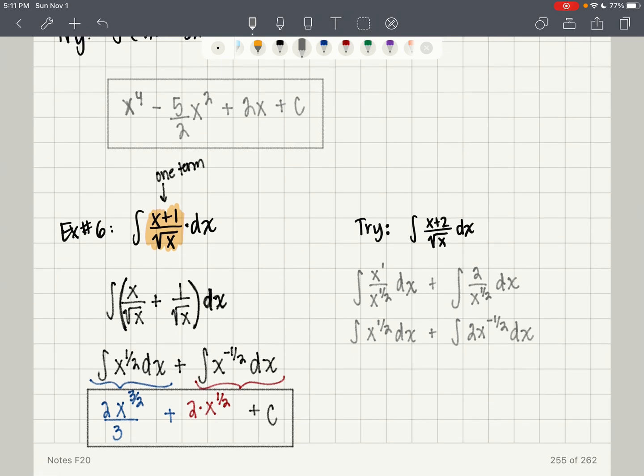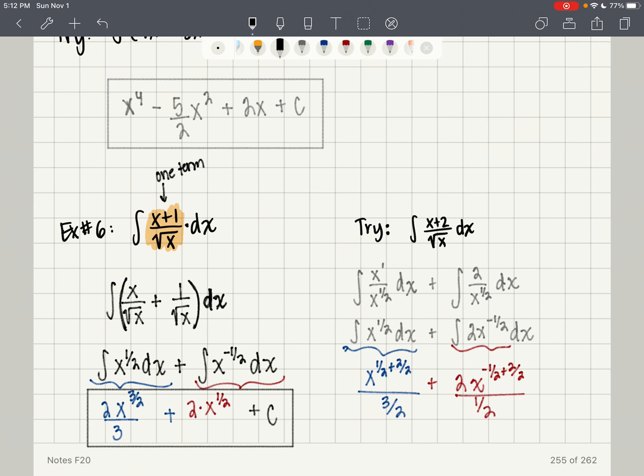And now I'm ready to find the indefinite integral. Let's start with the first one. We're going to add 1. So x to the 1/2 plus 1, that's 3/2, divided by that 3/2, and then plus, and here we'll have 2, that 2 came to the front, right? And then I've got x to the negative 1/2 plus 1, well that's just 1/2, divided by 1/2.